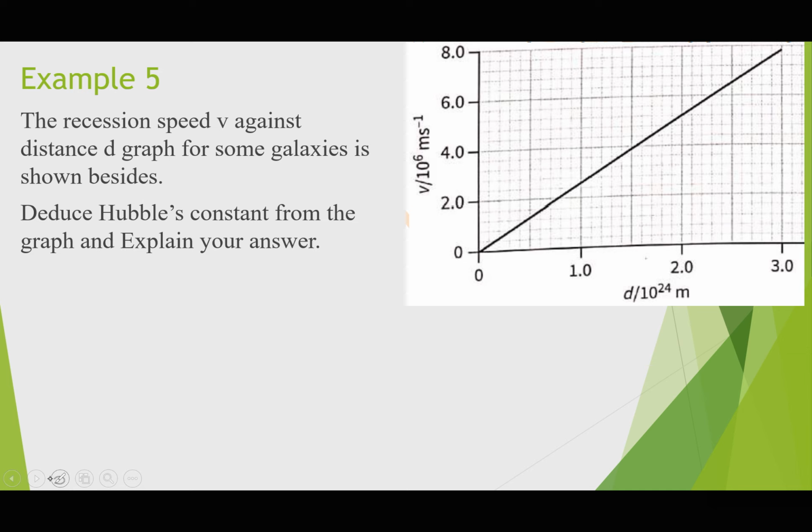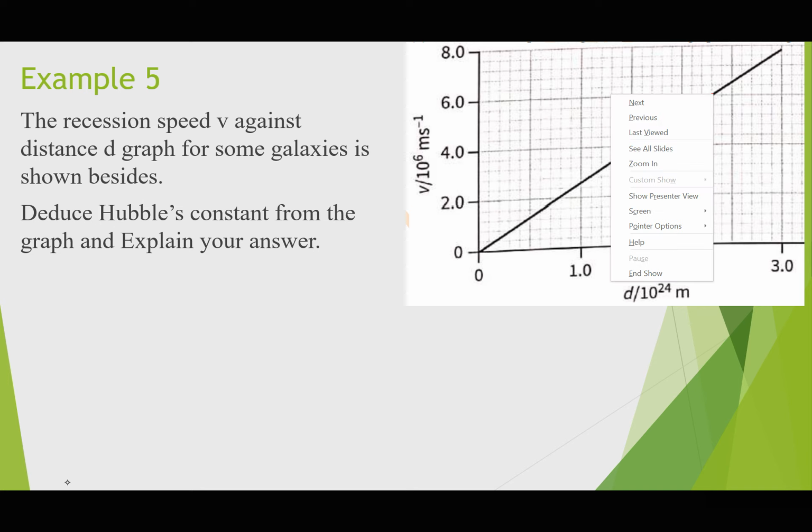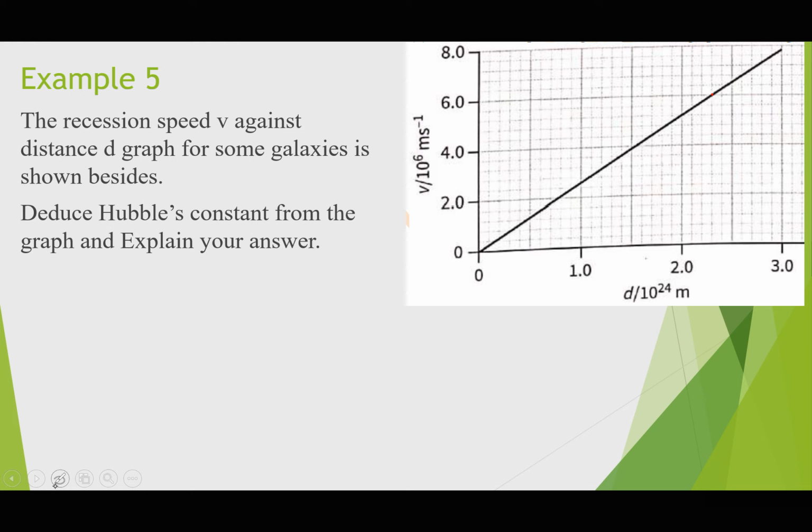So I'll just find the gradient here. The graph goes through the origin, so I'm just going to look for a convenient point, I hope this is convenient enough. Because the graph goes to the origin, I'll just use this point here to find the gradient.